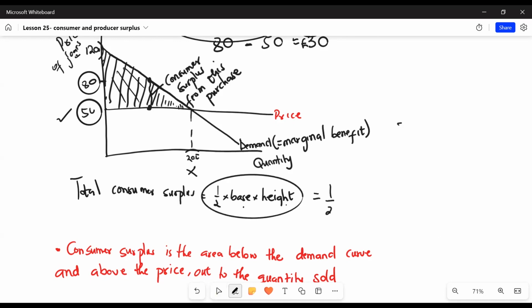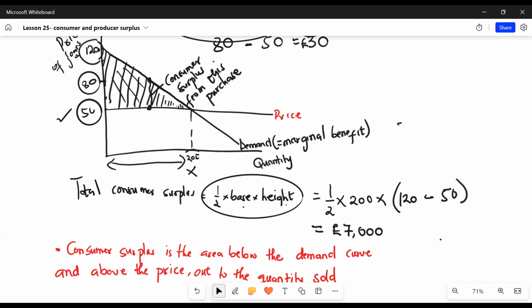So we have half times the base of this triangle, which is 200, times the height of this triangle, which can be found by subtracting 50 from 120. So this gives us a total consumer surplus of 7,000.